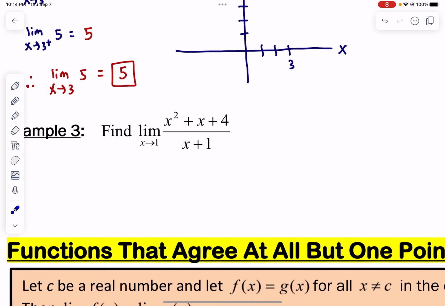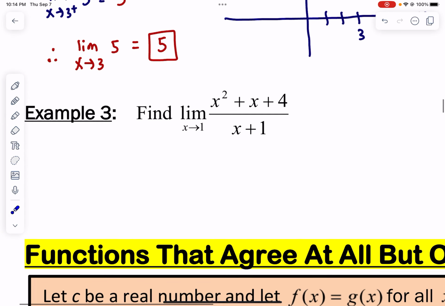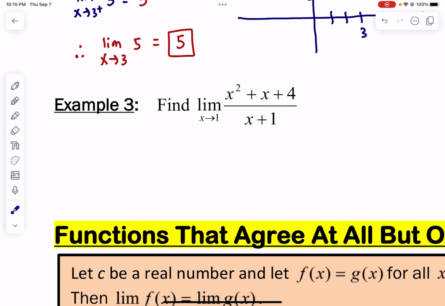In example number 3, they want us to find the limit as x approaches 1 of this function. So we have some type of quadratic expression on the top, and on the bottom we have x plus 1.